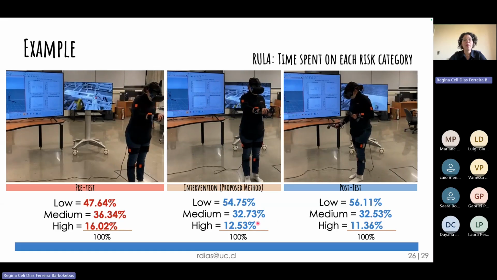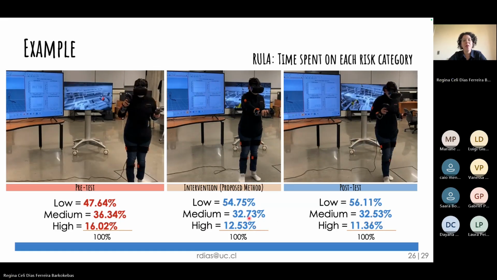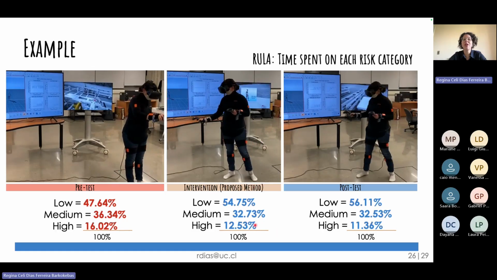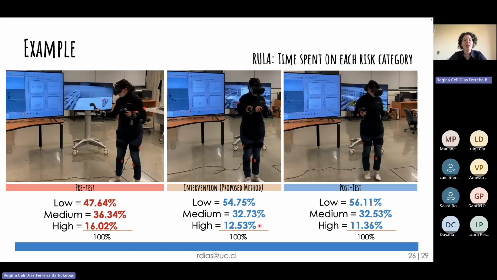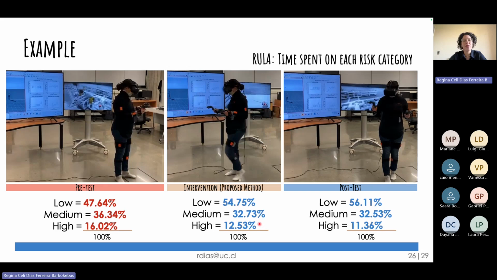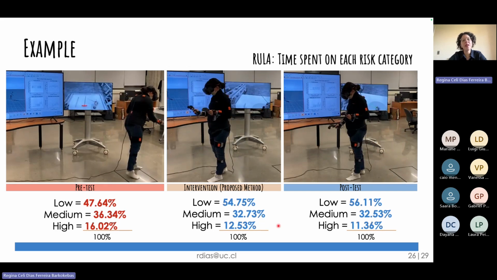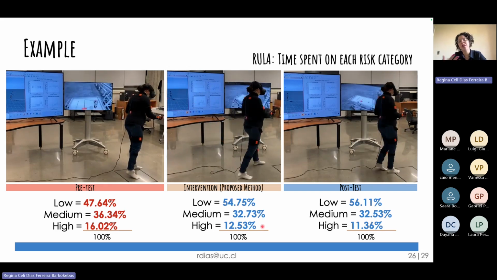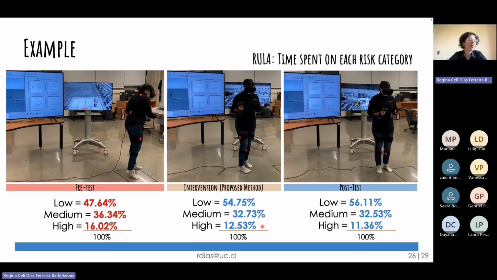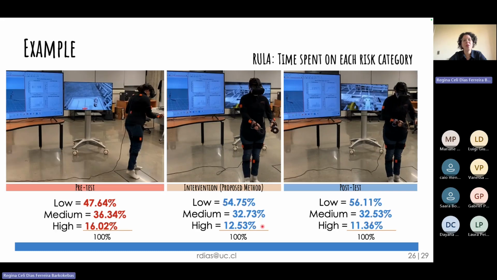So that's an example of a participant that right away, when she starts to receive the ergonomic recommendation, starts to implement it and is already performing better during the training itself. Other cases, they perform better just in the end. It really depends on how quickly you incorporate that information into your body motion.